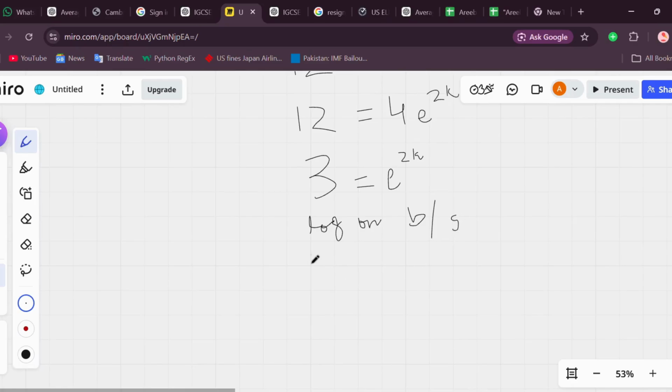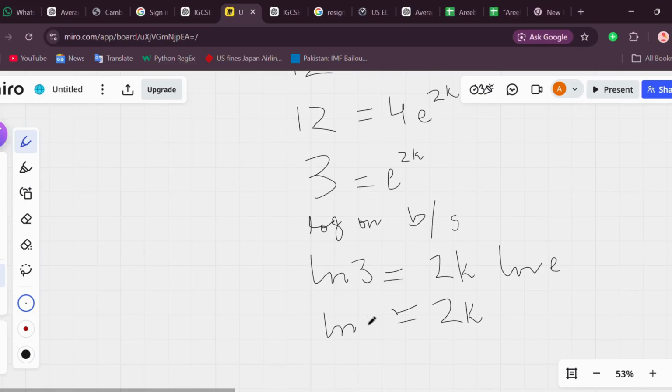So it will be ln 3 equals 2k ln e. Ln e is equal to 1, so 2k equals ln 3.